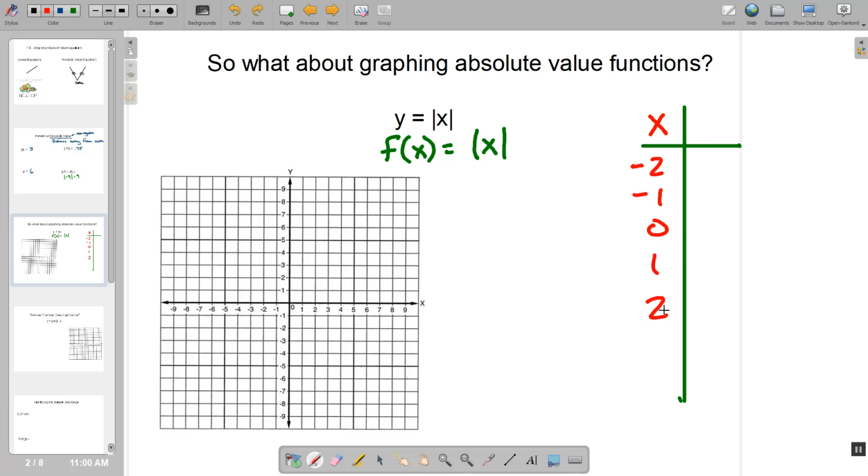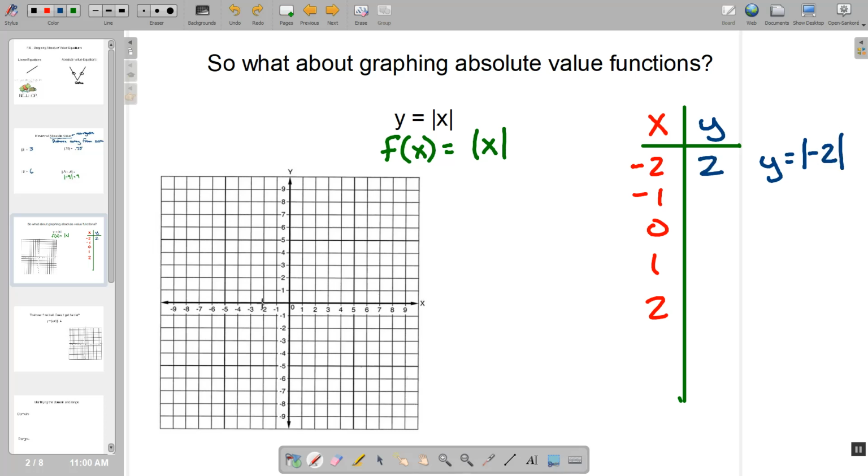Now you can use any inputs that you want. I like those 5 because they're the 5 smallest possible numbers that are non-decimal, non-fraction. Then we want to know, with these inputs, what is our output, or our y value. So what we do is we look at y equals the absolute value of negative 2, which is positive 2.